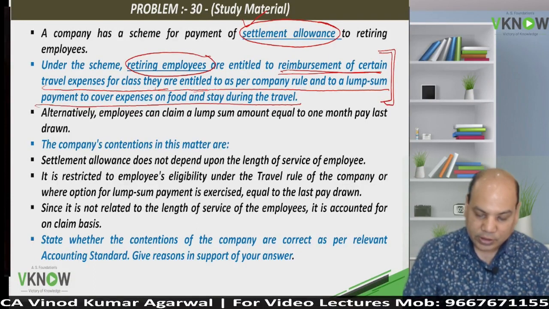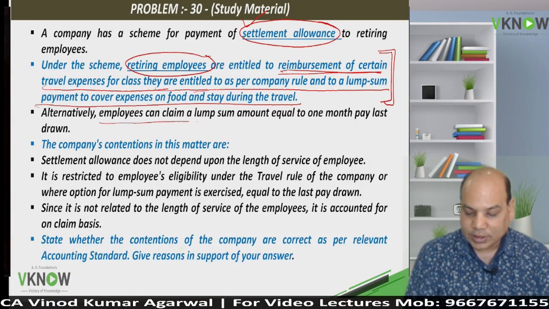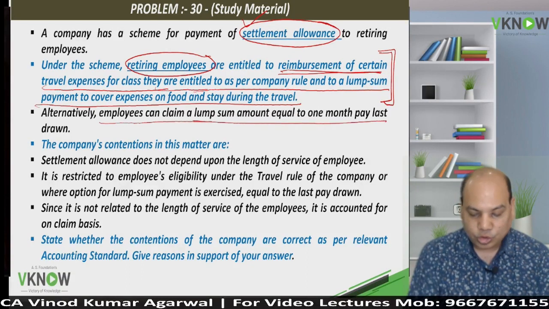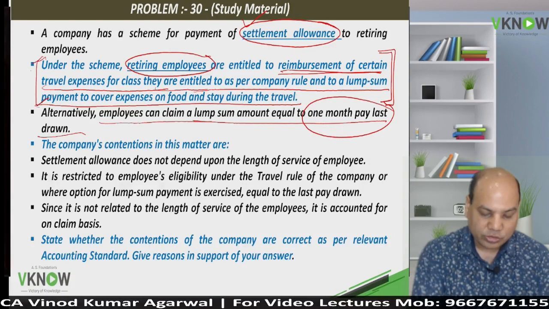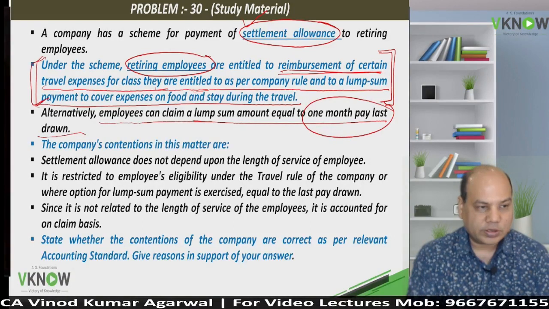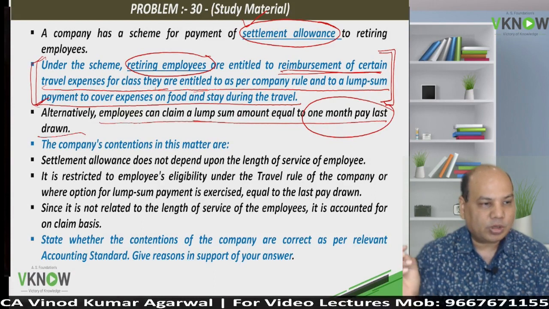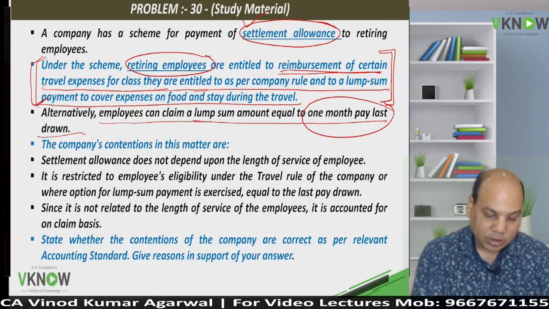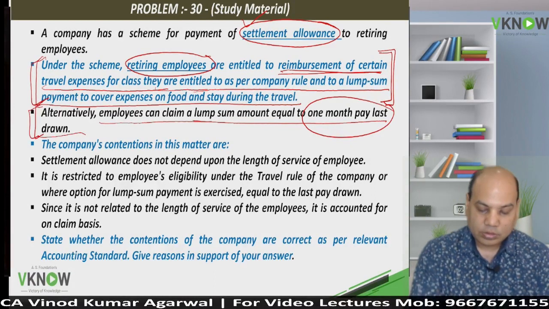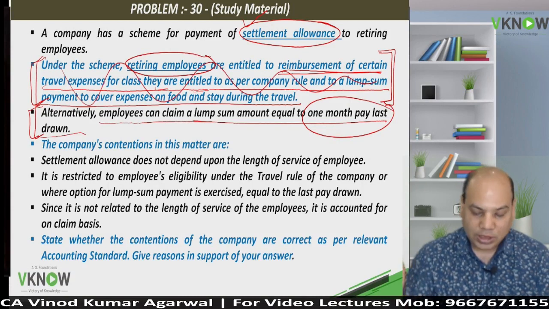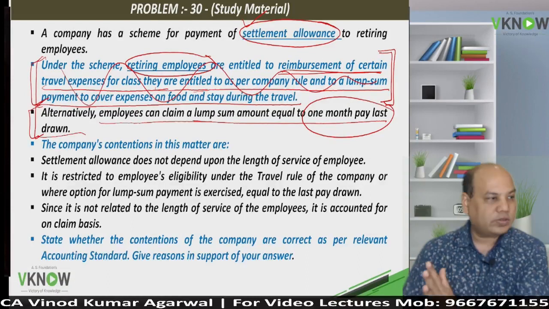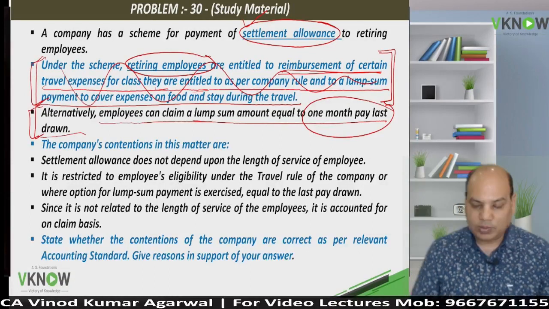Second option is employees can claim a lump sum amount equal to 1 month last pay drawn. One option is based on what you incur, you will be reimbursed plus some lump sum amount for food and stay. The other option is, you can choose to receive 1 month pay equal to last salary. So whatever is your last salary, equal to that will be paid to you.